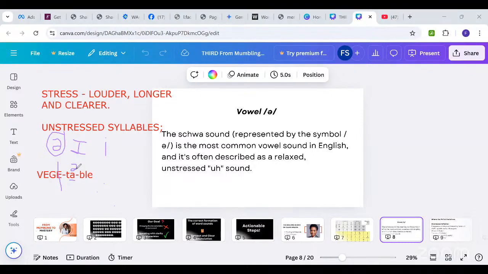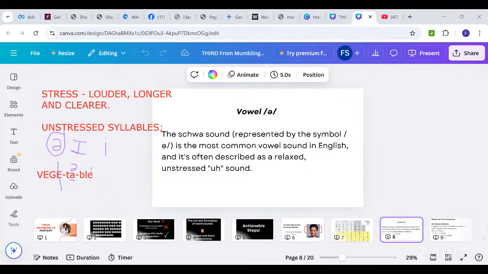Instead of tay, it becomes tuh. Vegetable. Here is an example of an unstressed syllable. The TA there, we are not stressing it. So because we are not stressing it, it becomes an unstressed syllable. The vowel there, we change it into a schwa.